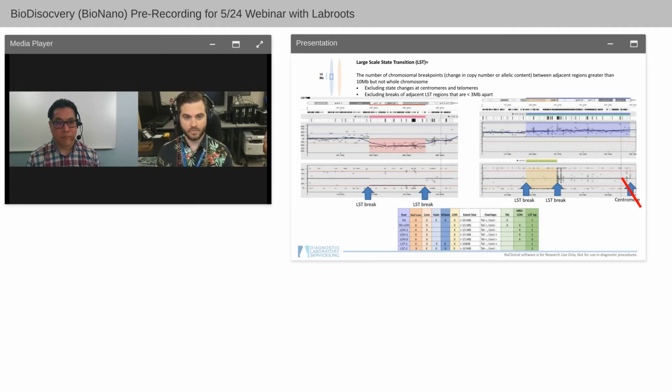On the left, these are two examples of basically showing you the types of LSTs you may see. You may see co-events occurring to classify, like on the right.